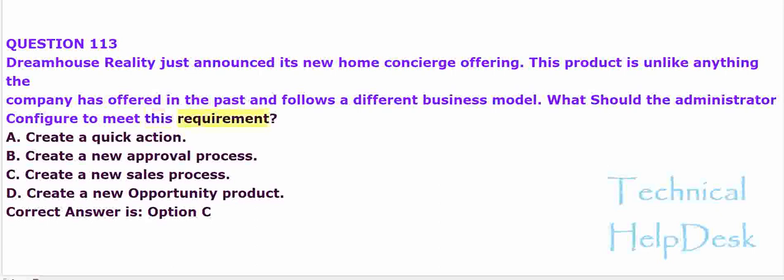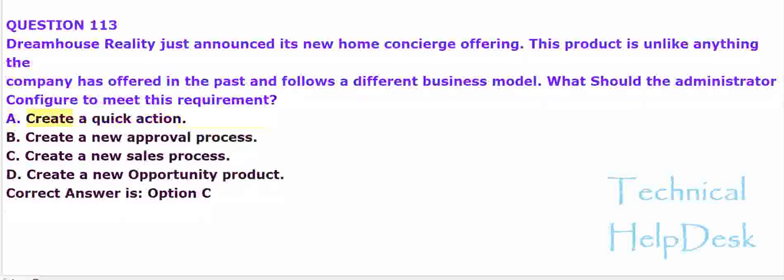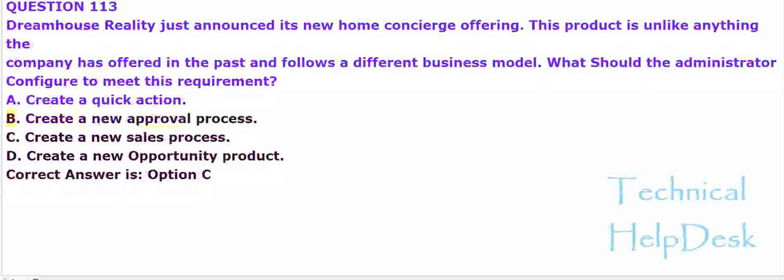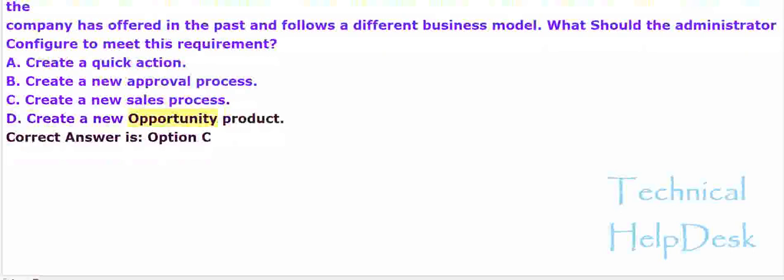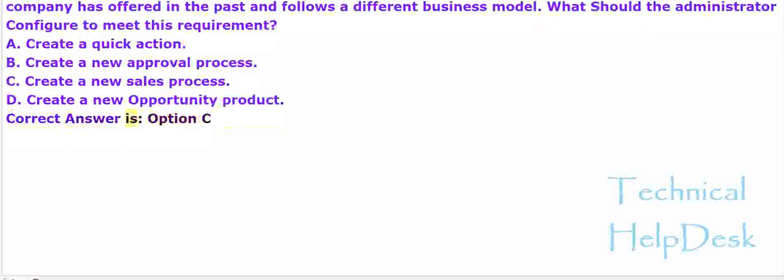A. Create a quick action. B. Create a new approval process. C. Create a new sales process. D. Create a new opportunity product. Correct answer is option C.